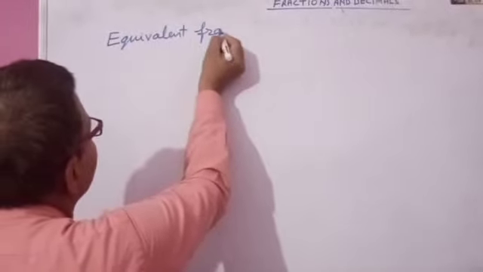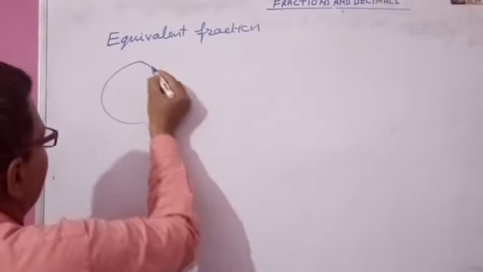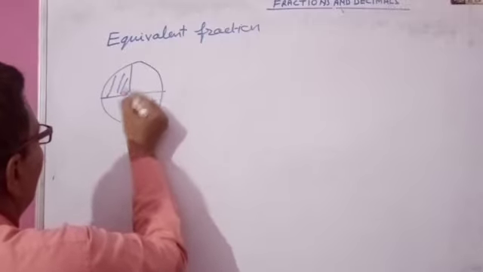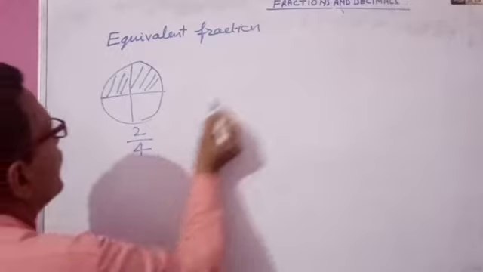Equivalent fractions. We are seeing that out of 4 parts, 2 parts are shaded, so 2 upon 4.